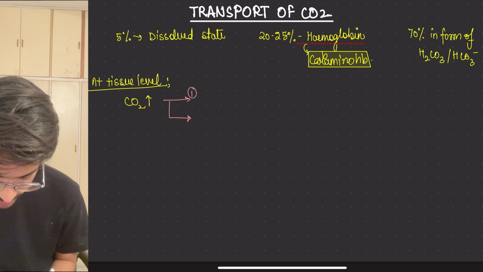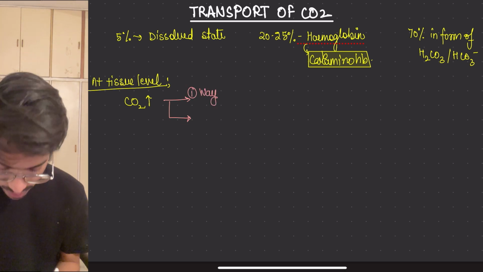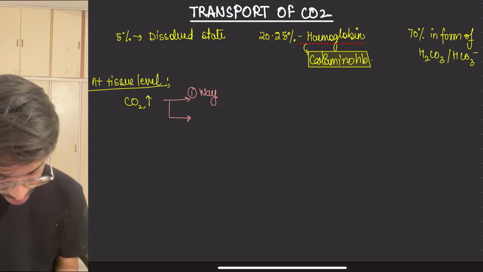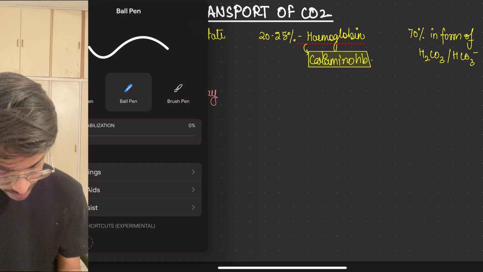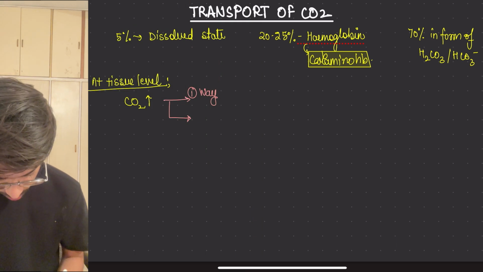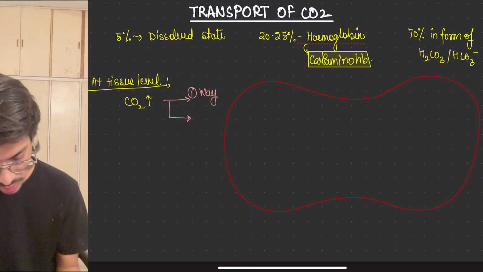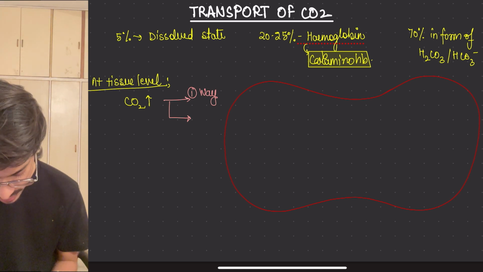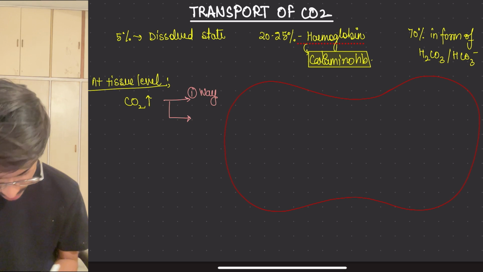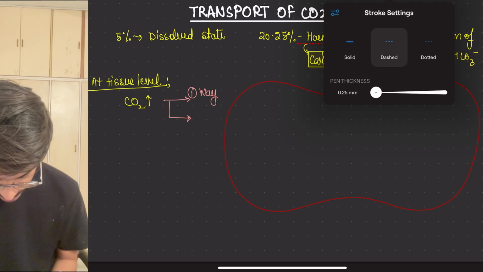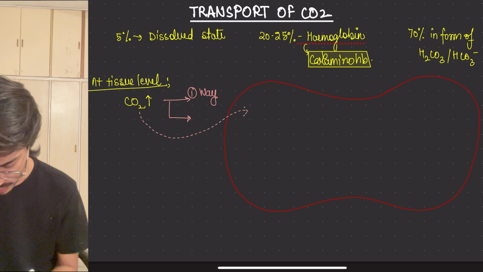The first way is that this carbon dioxide goes inside the blood cell. I'm just making a blood cell outline. It is biconcave.